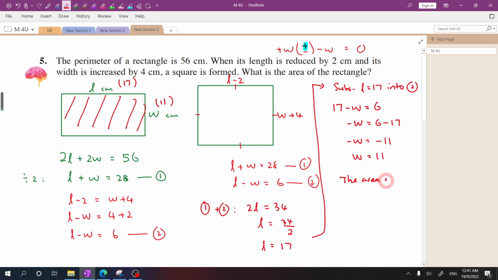The area of the rectangle is equal to 17 times 11, which is equal to 187 square centimeter. This is the final answer for this question.